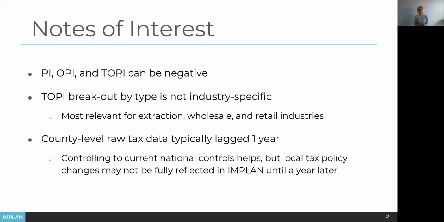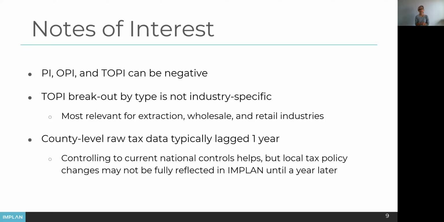Here again, we come back to the fact that most of our county level raw tax data are lagged at least a year. Everything is balanced and controlled to our current national control totals, and that helps a lot, but local tax policy changes may not be fully reflected in IMPLAN until a year later.